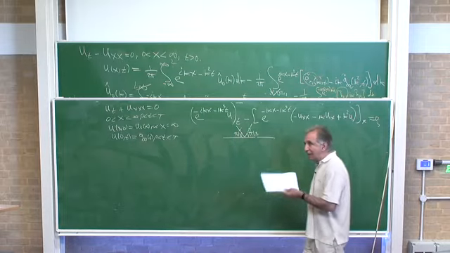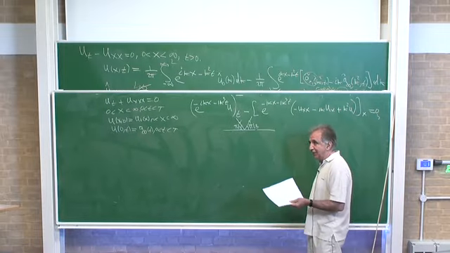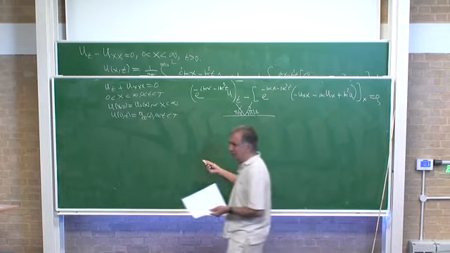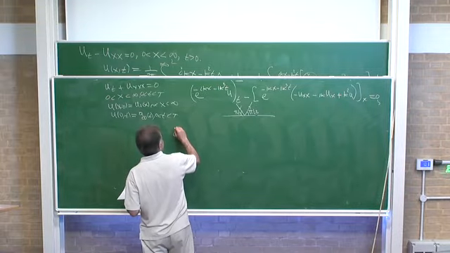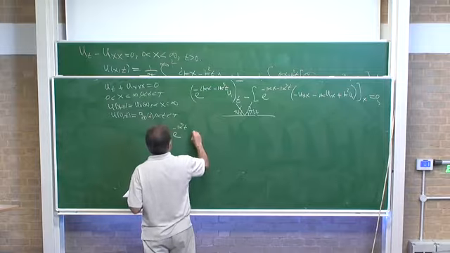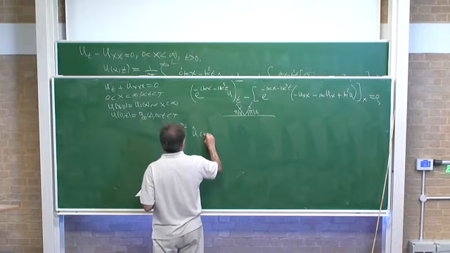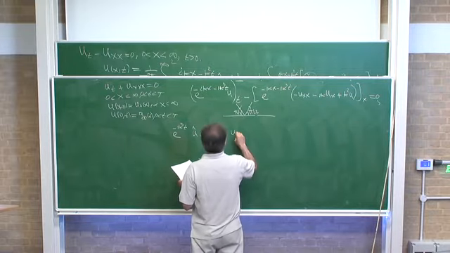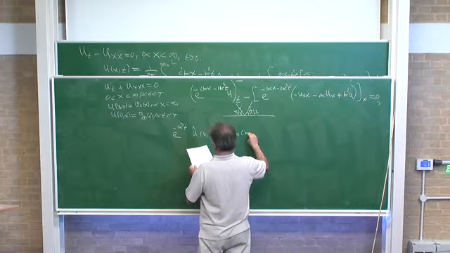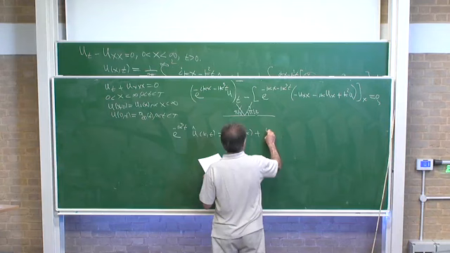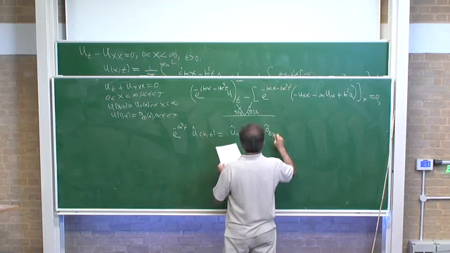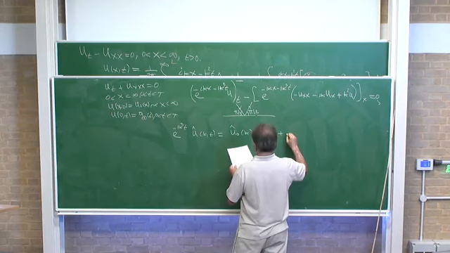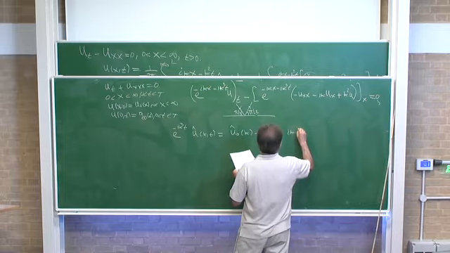Okay. But again, the difficult question is the global relation. Yeah? So the global relation now is this. So this is the transform of the second derivative. This is the transform of the first derivative.